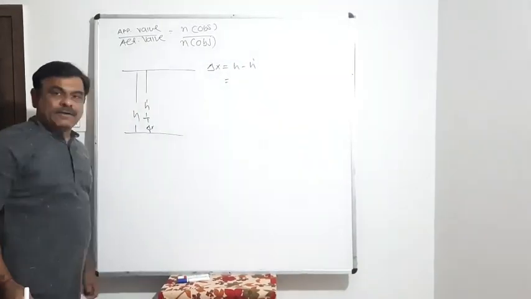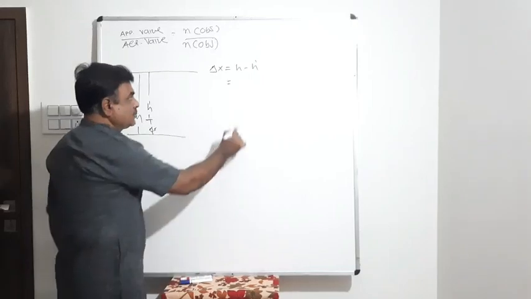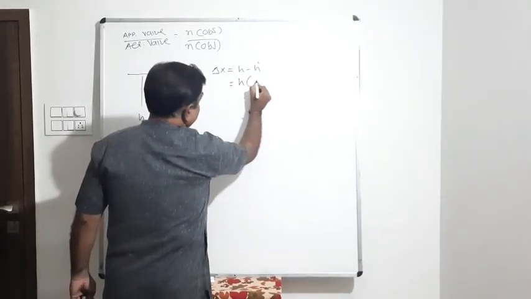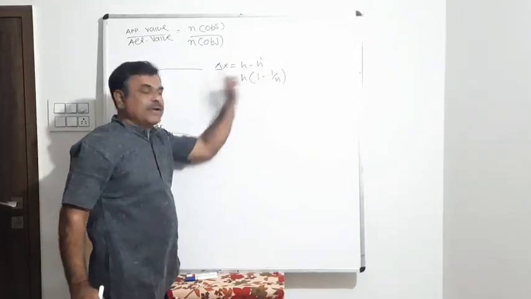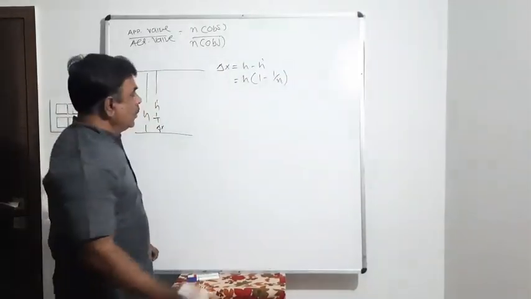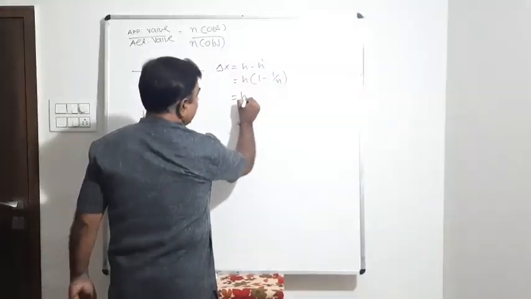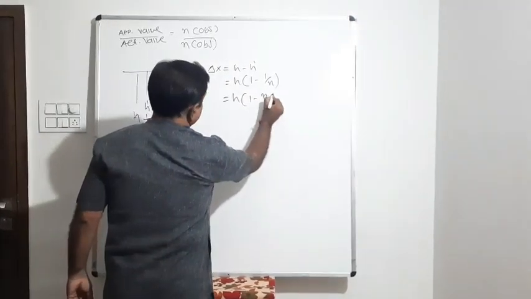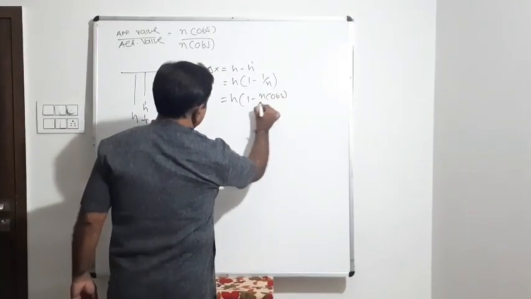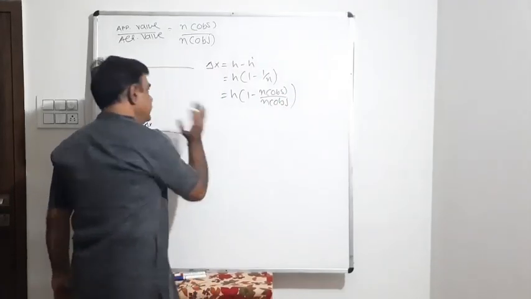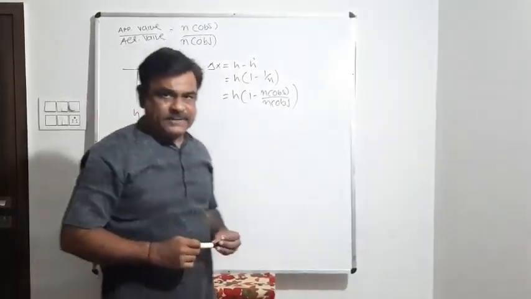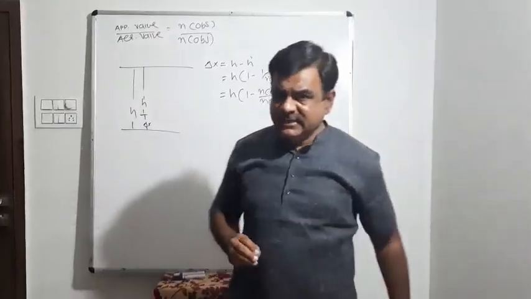And if you remember, we have further simplified these two: h inside the bracket 1 minus 1 by n. Here the observer medium is air. Or in general you can write it as h times 1 minus n of observer by n of object. This much upward shift will take place. This we have gone through in the last lecture.